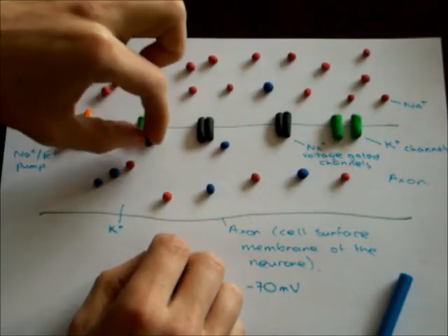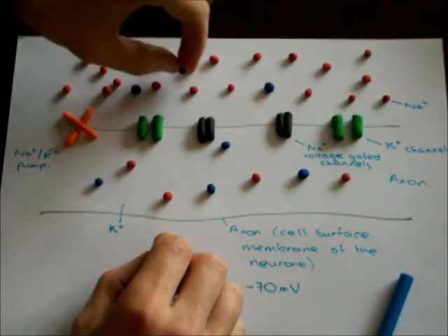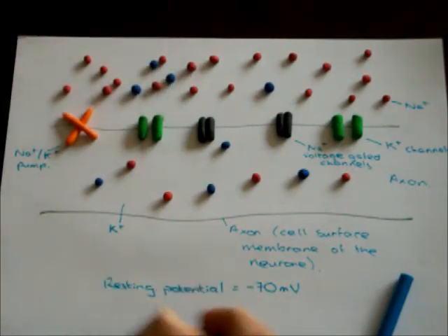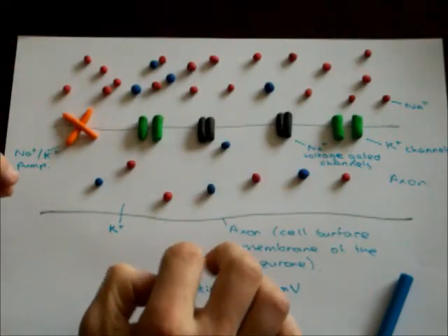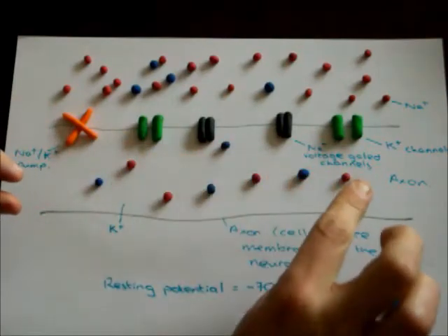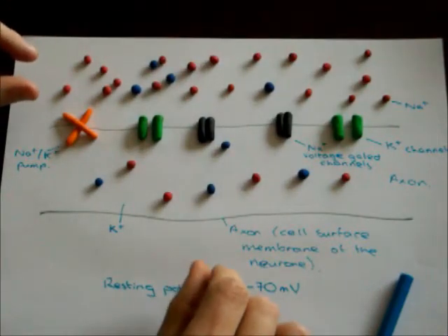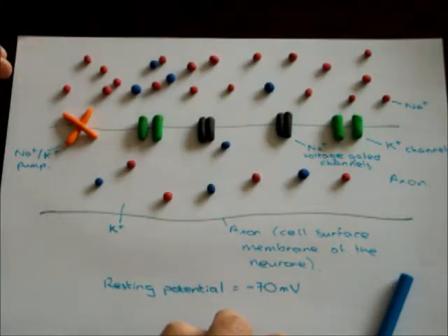So the potassium diffuses out, meaning that we end up with lots of positive ions, sodium and potassium, on the outside of the membrane, and few potassium and sodium ions on the inside. This means the inside of the membrane is comparatively negatively charged compared to the outside, which is comparatively positively charged, and that maintains a potential difference of -70 millivolts between the inside and outside of the membrane.